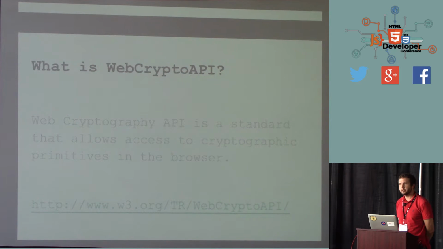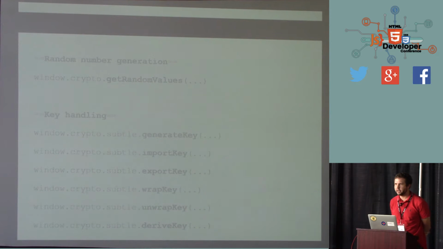It's partially implemented because the standard contains things that browsers have refused to implement, which is hilarious, but that's the way crypto goes sometimes. It also does not contain some of the latest awesome stuff, and all these slides are available online afterwards.